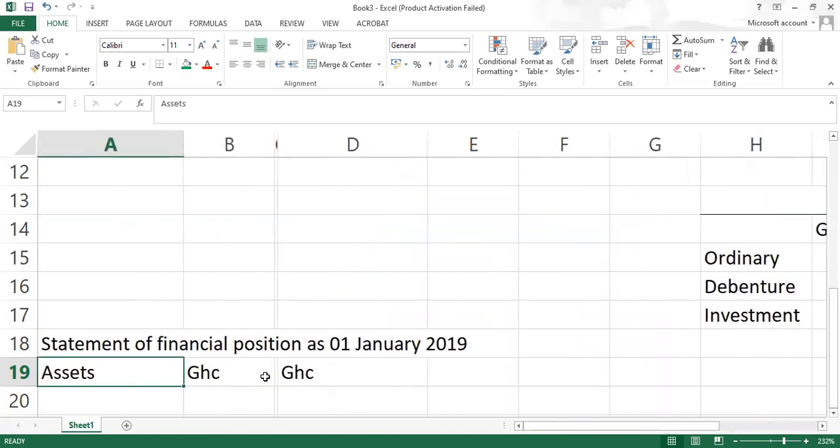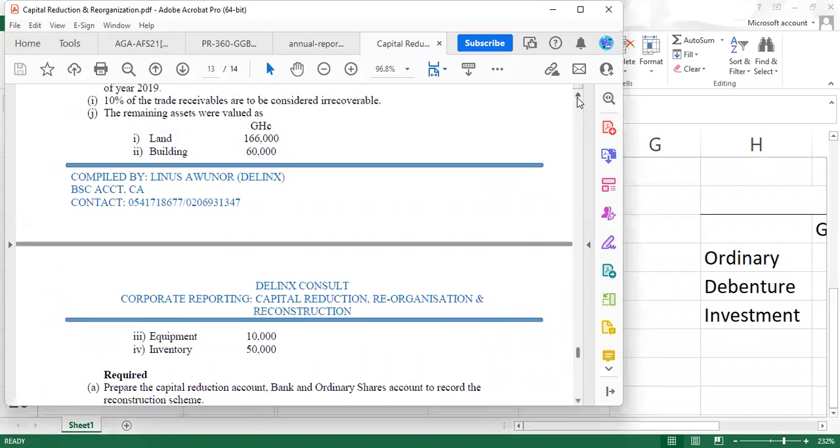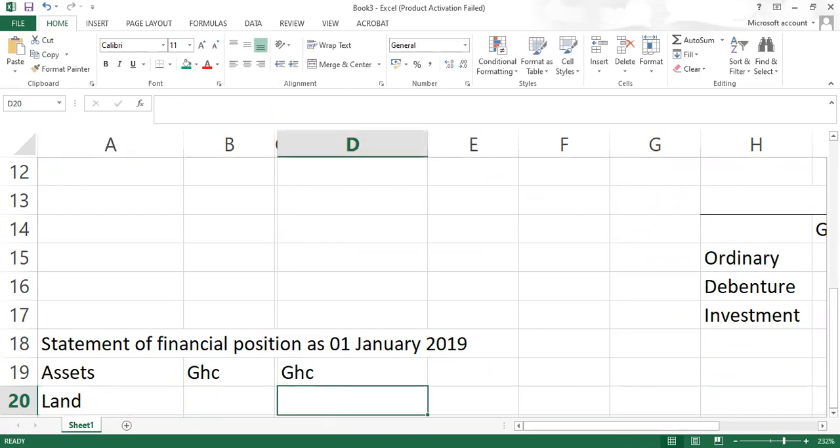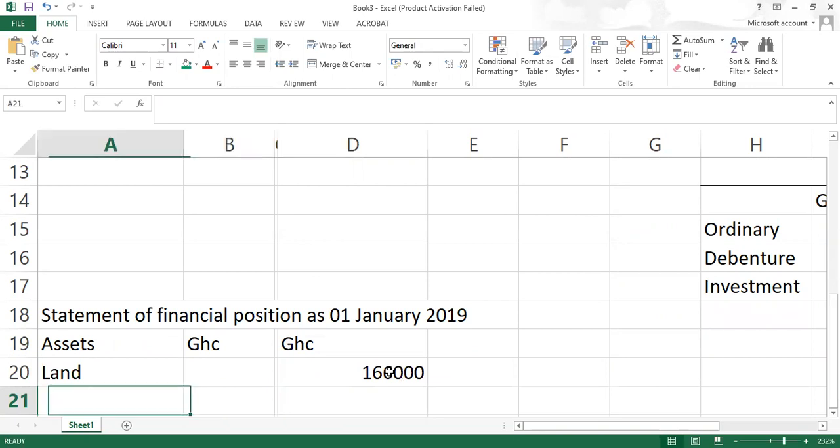All right. So let's move on. What is our first asset? The land. What is the new value for the land now? 166,000. The next one is the building.